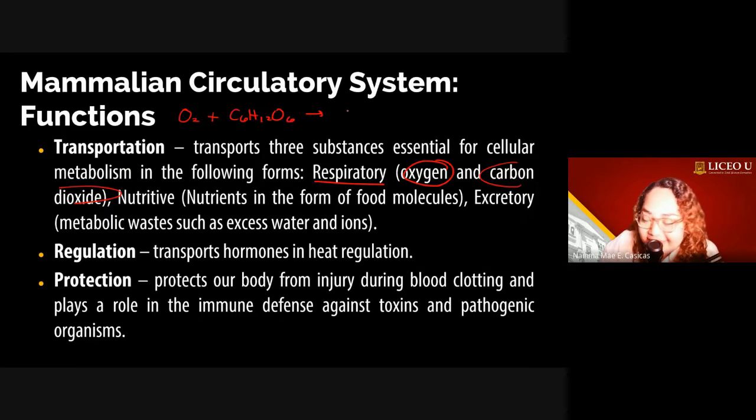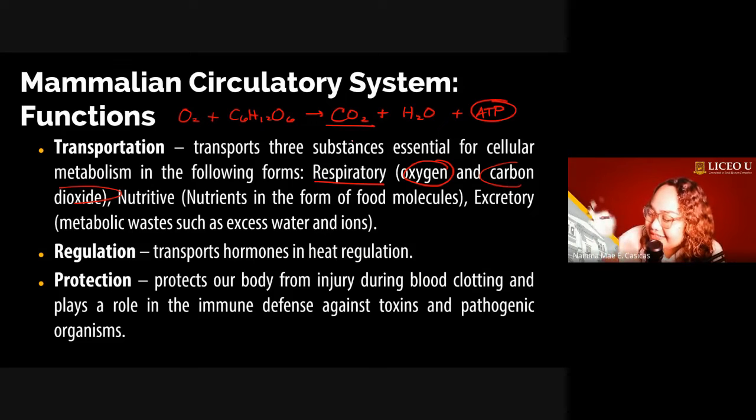And then as a byproduct, a waste product, it will eject CO2 and water. And the main product here would be your ATP. So CO2 is a waste product. It needs to be expelled. We could end up dead or worse, expelled. I'm kidding. It's from Harry Potter. Anyway, so the carbon dioxide will be ejected.